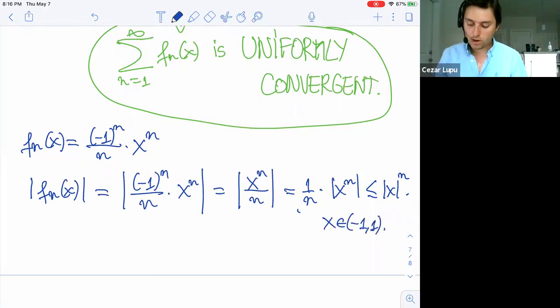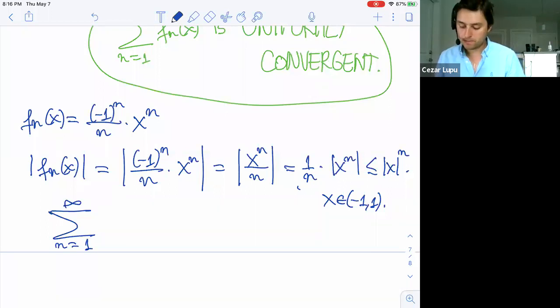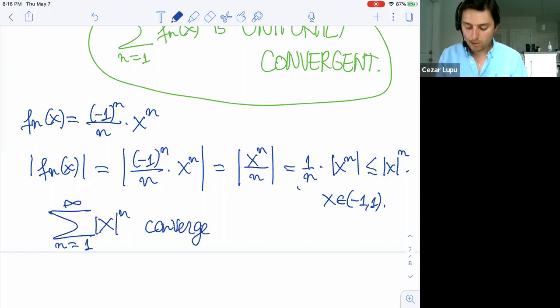I want to show that the series from n equals 1 to infinity of the absolute value of x to the power n converges when x is in (-1, 1).